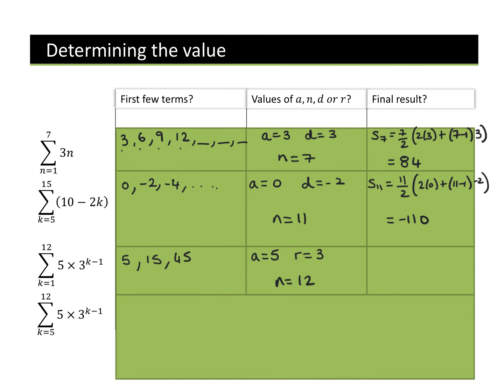So we know the formula is S12 equals A, lots of 1 minus R to the power of N over 1 minus R, which is going to give 1,328,600. Now, we can actually use a calculator for this to figure it out.